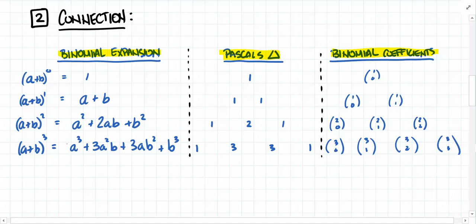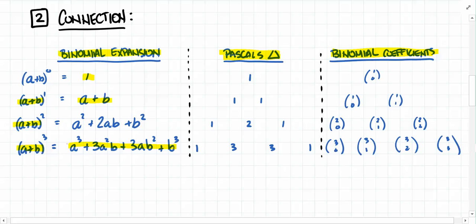So let's take a look at the binomial expansions. I showed you that a plus b to the 0 is a value of 1. A plus b to the first was just a plus b. A plus b squared is a squared plus 2ab plus b squared. And then, of course, a plus b cubed is all of this stuff right here.